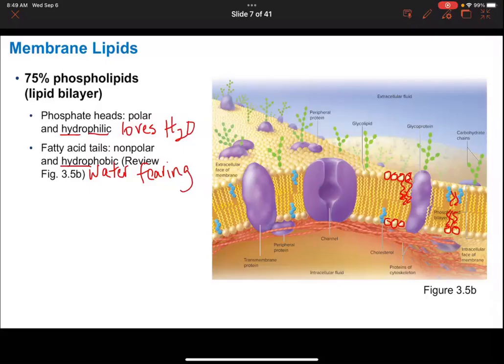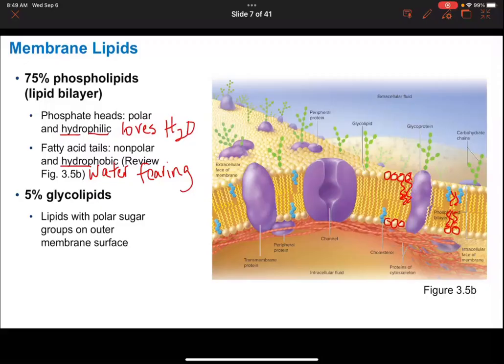There are other lipids that exist in the membrane. 5% of these lipids are known as glycolipids. These are lipids that exist in the membrane, but they'll have a polar sugar, meaning they can interact with water, hanging out on the outside of the membrane. So here's an example of a polar sugar that is attached to a lipid.